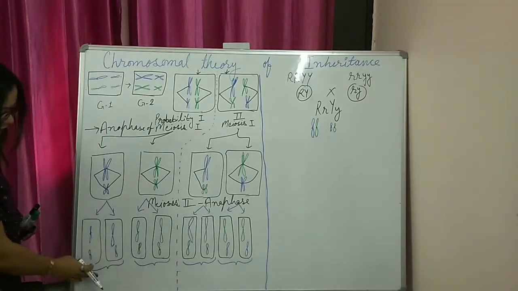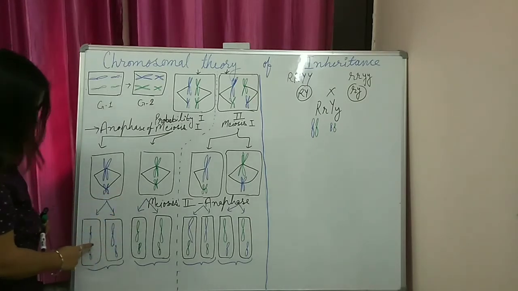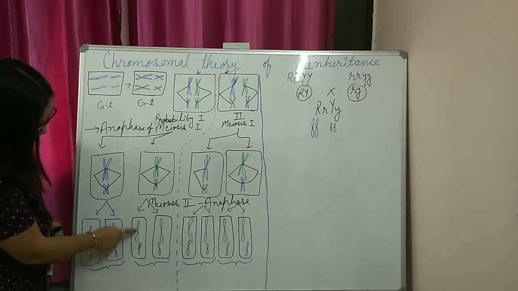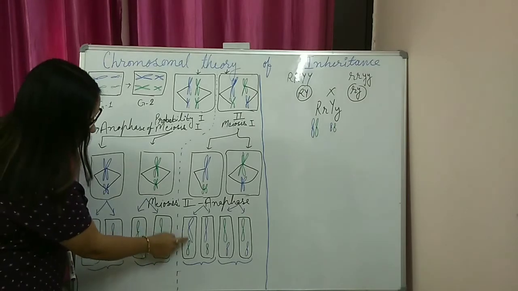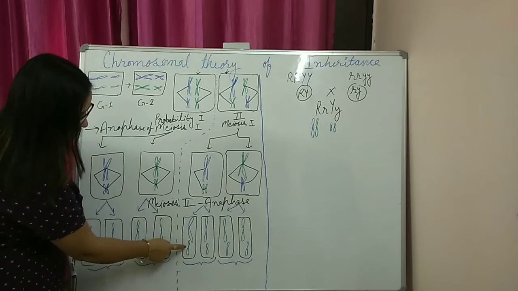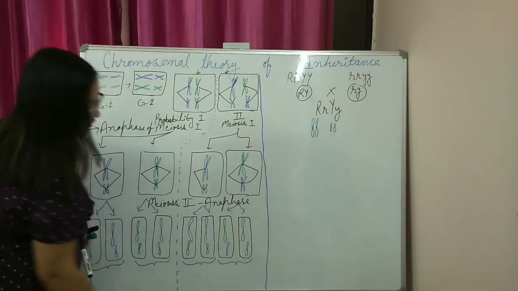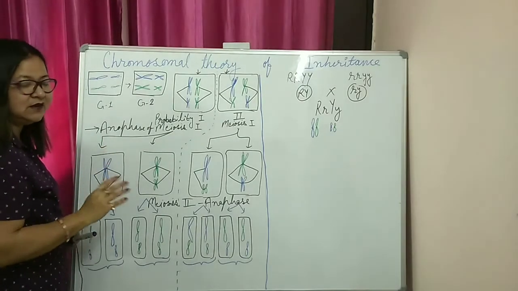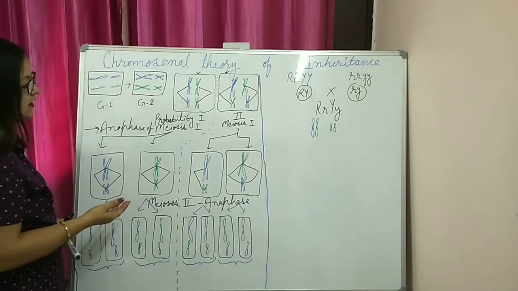At the end you can observe the combinations of chromosomes: longer blue with smaller blue, and longer green with smaller green. But in the second probability, with the longer blue we have a small green, and with the longer green we have a small blue. So we are getting 4 types of gametes after meiotic division.